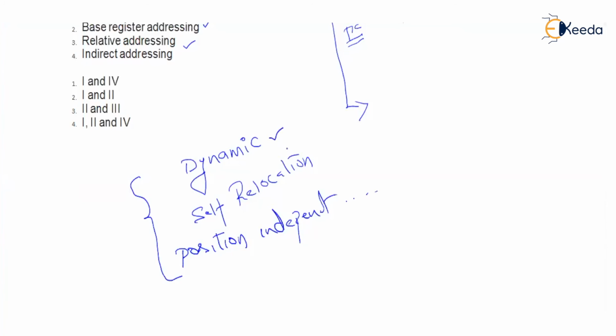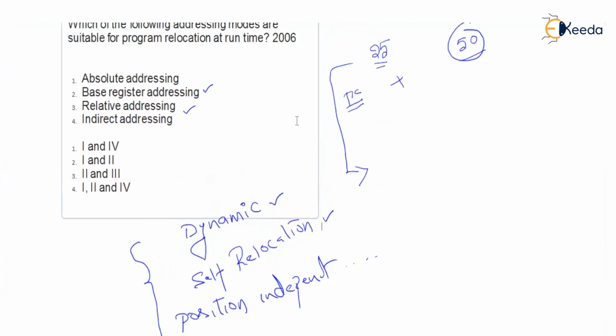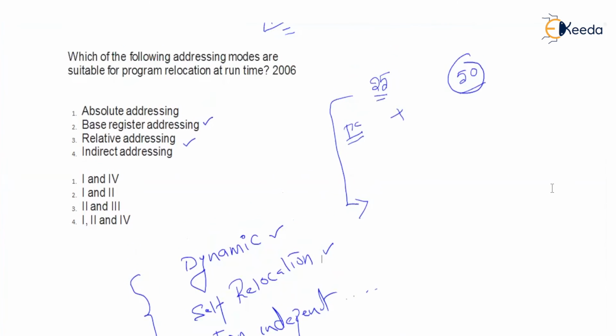Either it could be dynamic relocation or self relocation, or it is position independent code, whatever you call, all leads to the same thing. That is, a programmer is storing his program in the main memory when it is getting executed. So in order to branch to the appropriate locations within the program, a programmer does require either a base register addressing mode or relative addressing mode.